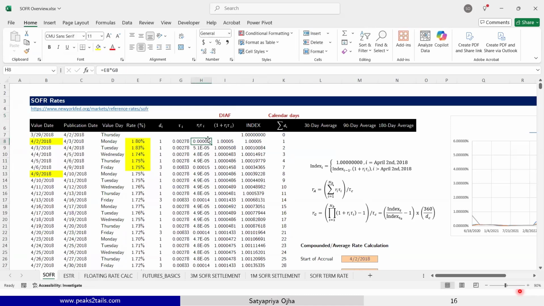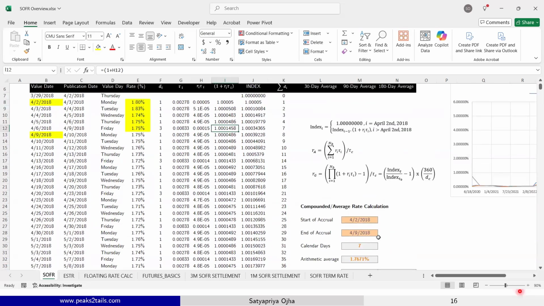I'm doing R tau here, which is basically R times the year fraction, and then add 1 to it, 1 plus R tau. These are the daily, CME calls it DIAF, daily interest accumulation factor, which is kind of like for 1 day, what is the growth factor, right? 1 plus R times year fraction.